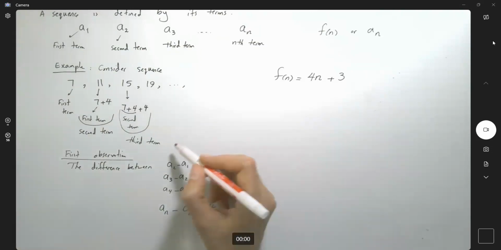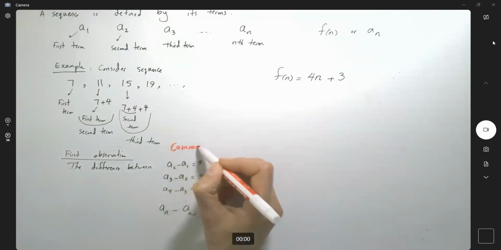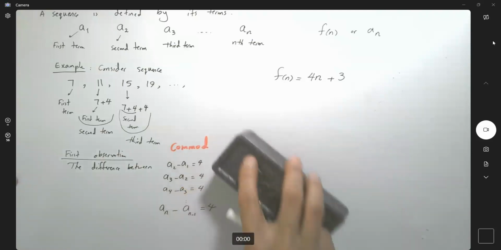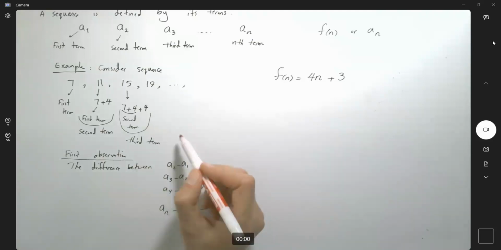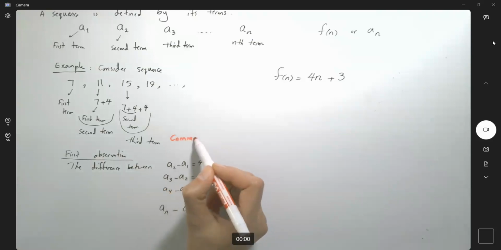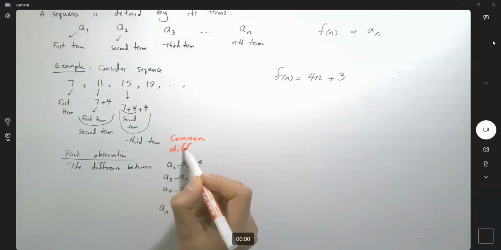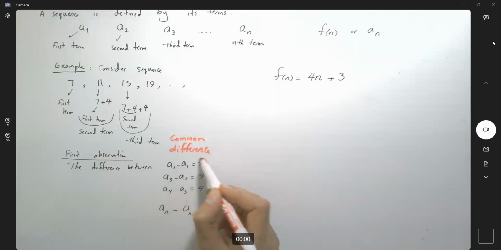So here, the common difference is 4. In this case, we say that we have an arithmetic sequence.